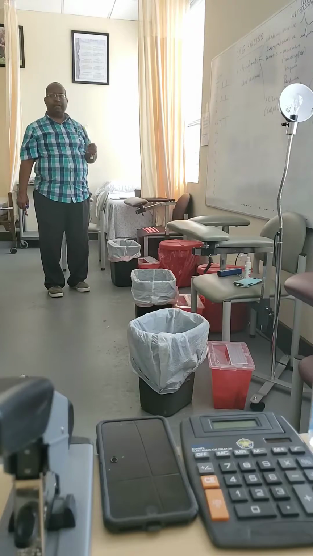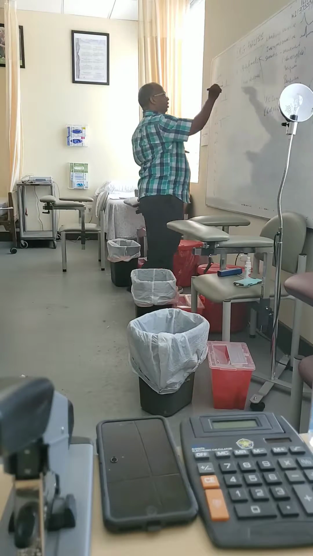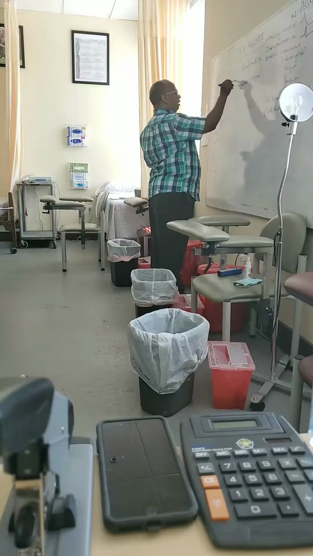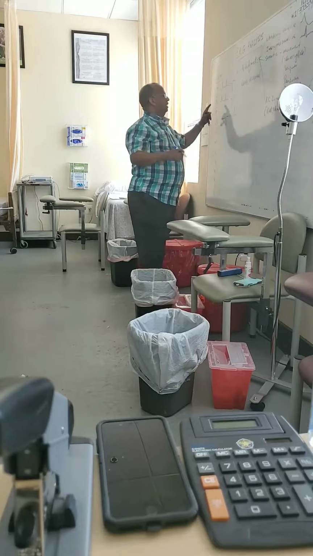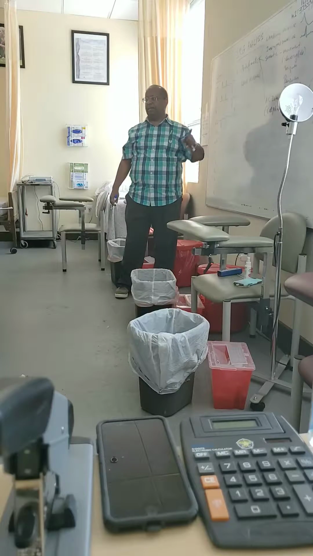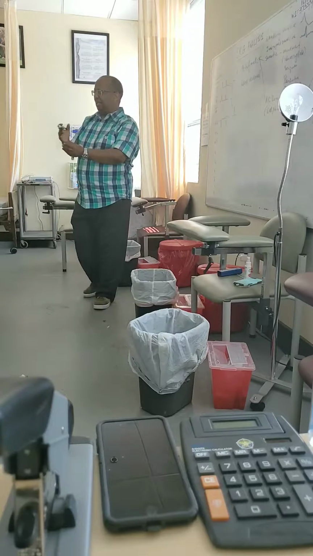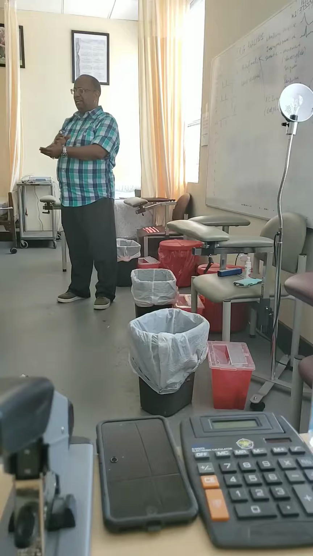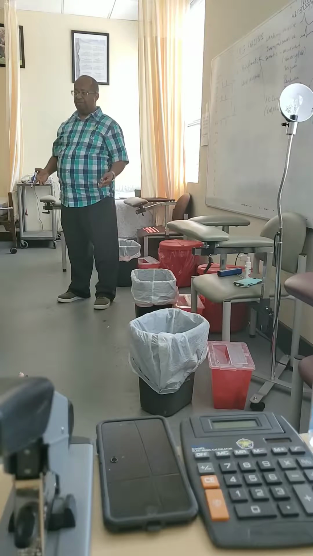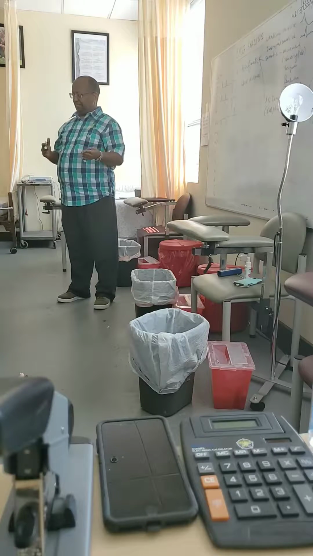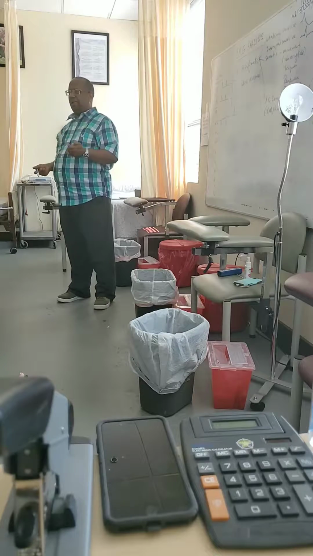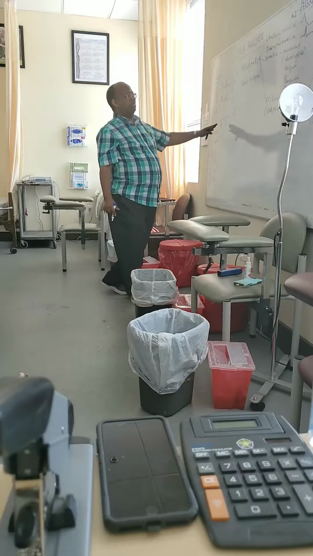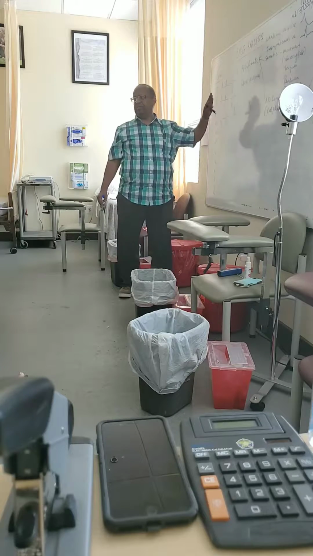But if your EKG shows this one down and this one up, we call it a lead reversal. It means you reversed the leads, right arm to left arm, or right leg to left leg. So you put them in the wrong spot. Sometimes you can do that. So in that case, you need to check and adjust.